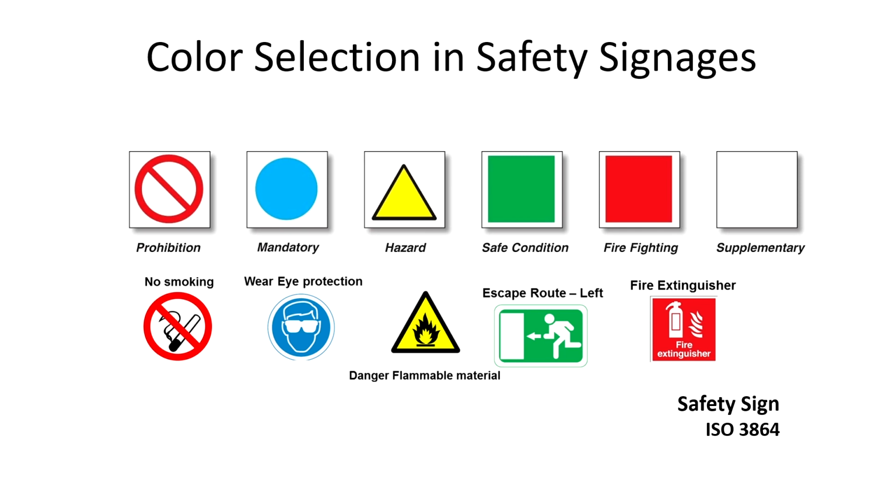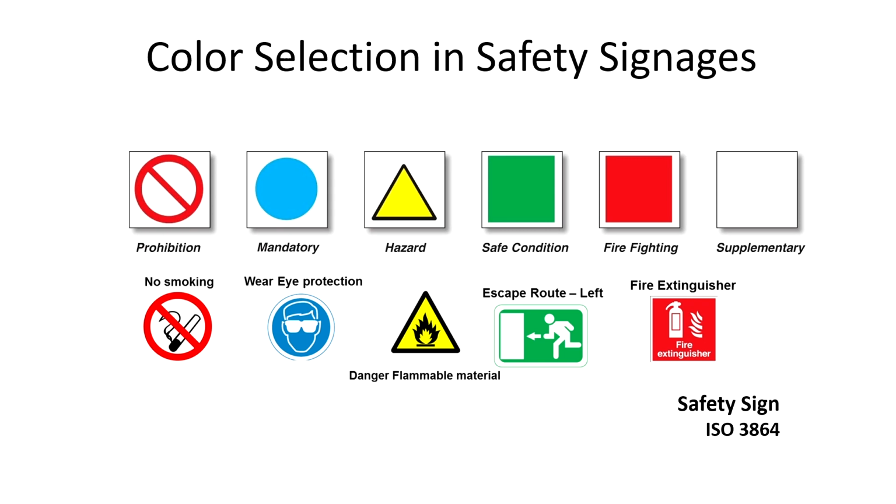By adhering to these standards, organizations and facilities can enhance safety protocols and mitigate risk by employing color-coded signage systems that are universally understood and recognizable in emergency situations. For example, here the red diagonal cross stands for prohibition. The example could be no smoking.